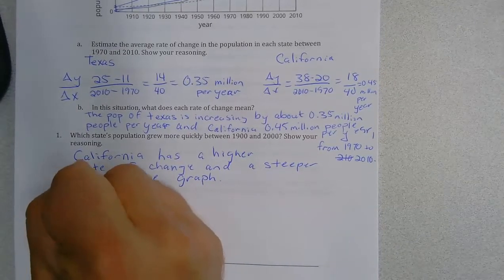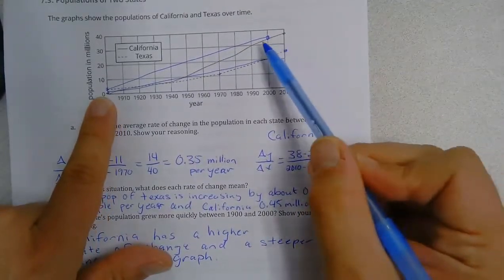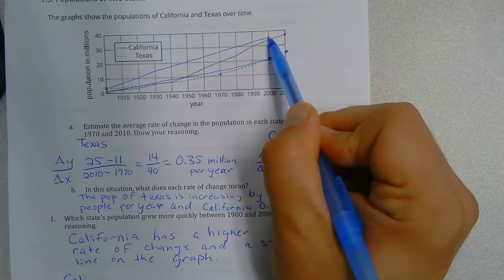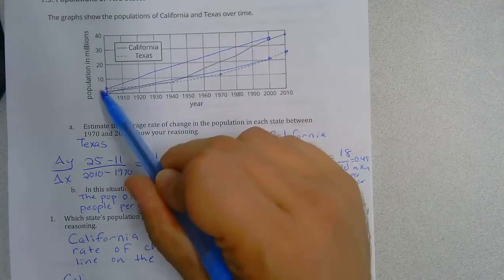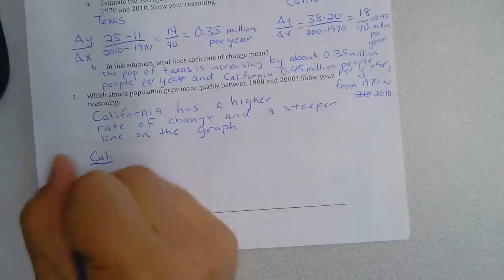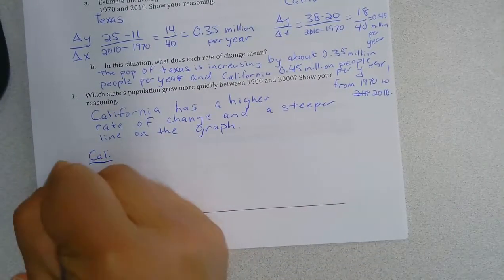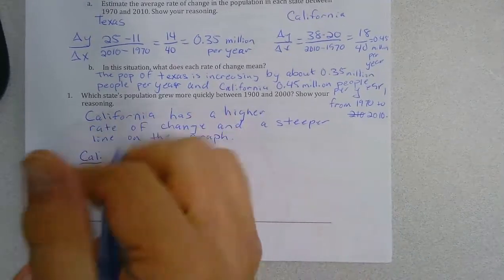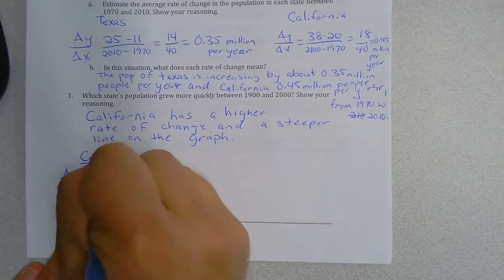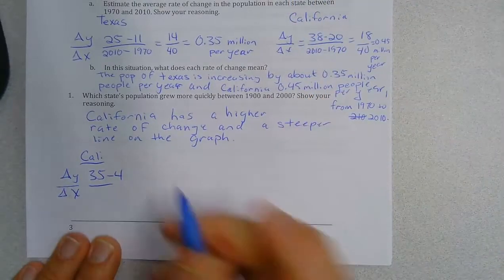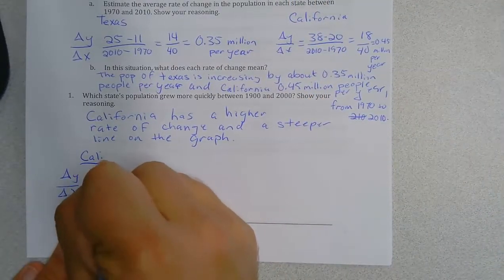So what I'm going to do here is just write Cali, and then find from 2000 to 1900 what the rate of change is. So we have about 35 million people for Y, and I'm going to estimate that to be about 4 million. So we go change in Y over change in X was about 35 million minus 4 over our year was 2000 minus 1900.